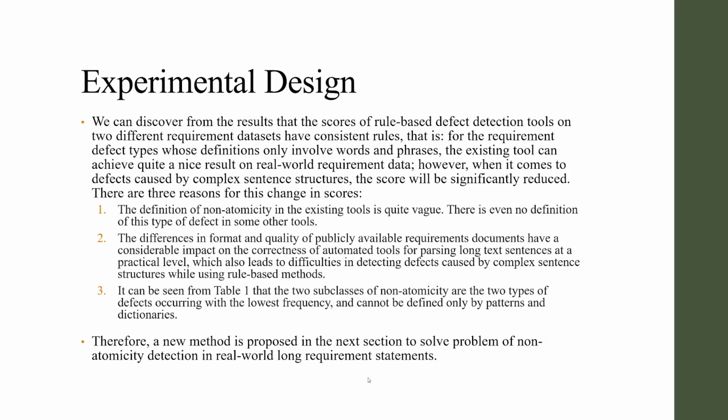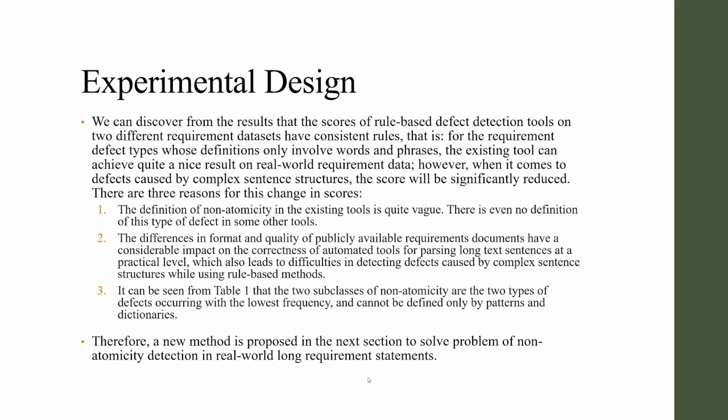Secondly, the differences in format and quality of publicly available requirement documents have a considerable impact on the correctness of automated tools for parsing long-text sentences at a practical level, which also leads to difficulties in detecting defects caused by complex sentence structures while using rule-based methods.